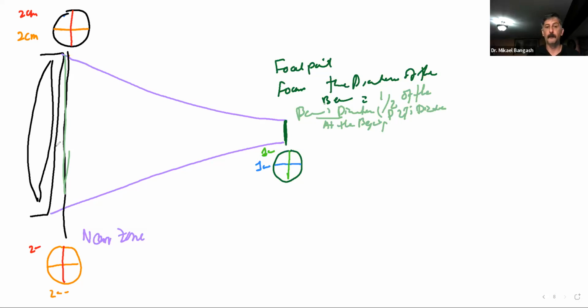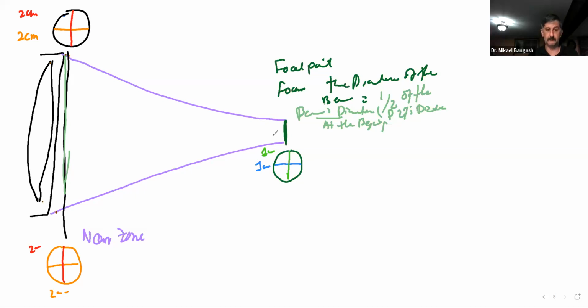Right. As you may see in the upcoming questions that we'll be talking about, this is the diameter of the PZT. They may ask, what's the diameter of the beam at the beginning of the near zone? By that they mean as the near zone begins, and that's the same as that of the PZT.